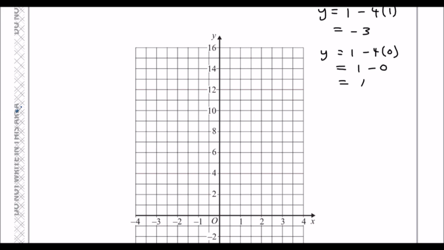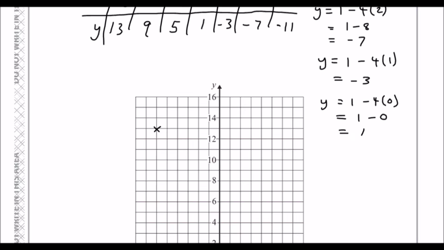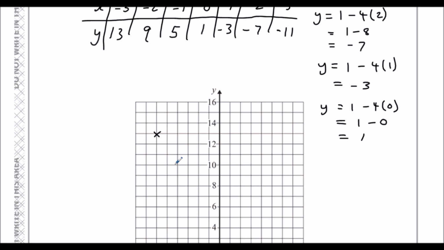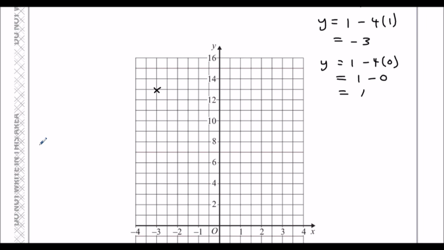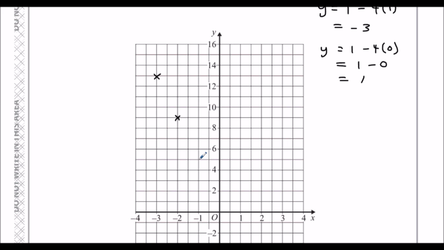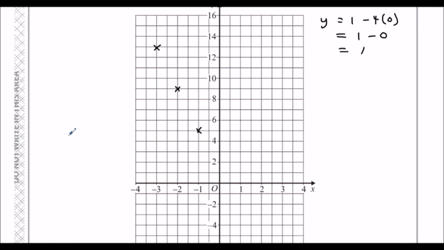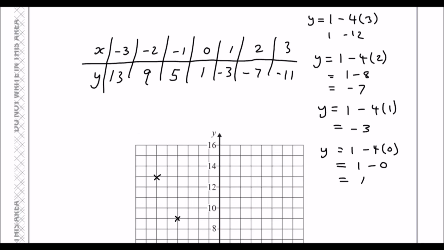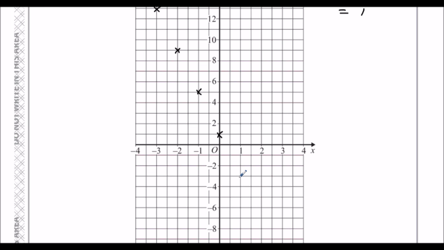So we've got minus 3, 13. Minus 2, 9. Minus 1, 5. Zero, 1. 1, minus 3. 2, minus 7.